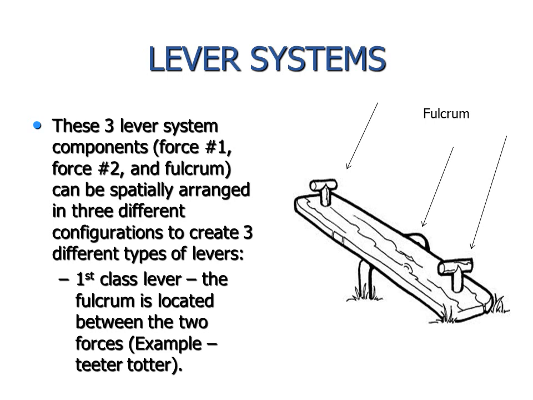So for example, with a first-class lever, the fulcrum is located between the two forces. The fulcrum is located between the applied force and the resistive force. So the classic non-anatomic example of a first-class lever would be a teeter-totter. With a teeter-totter, you have a central fulcrum in between the two applied forces.